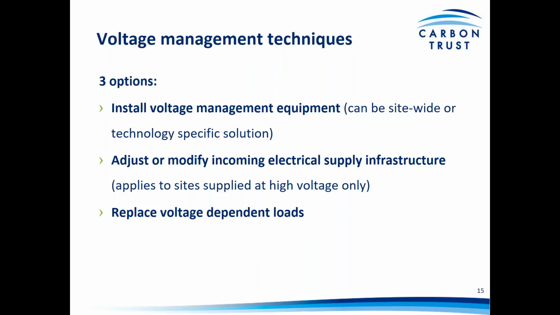Second option would be to adjust or modify the incoming electrical supply infrastructure. This tends to only apply to sites supplied at a higher voltage, so where you have high voltage transformers essentially. And the third option would actually just be to replace any voltage dependent loads that you have identified on site already.